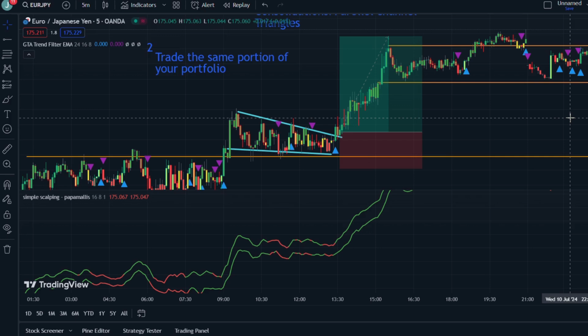Okay, so I would like to show you some more strategies in the future with different time frames, with different reliable indicators too, different strategies that you can use with, for example, the 15 minute time frame, the 1 hour time frame.